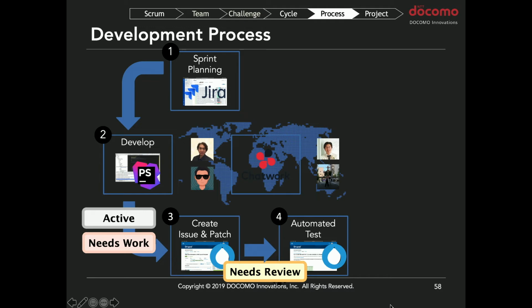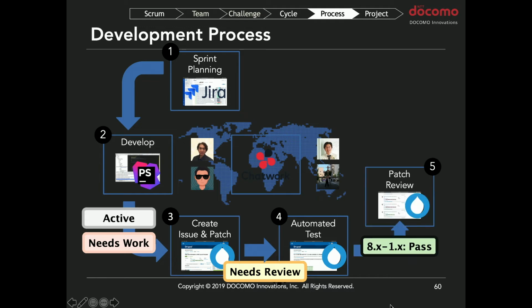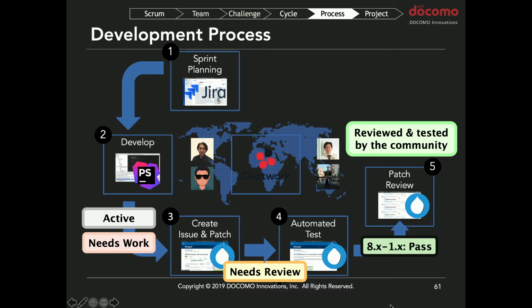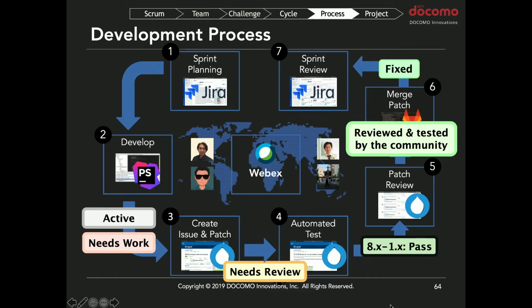Then if the automated test in Drupal.org passes successfully, we review the patch. And if everybody in the team agrees, we change the state to RTBC. Then we merge the patch, change the status to fixed, and go back to Jira. In Jira, we change the state from in progress to done. So still, it's something like inefficient, but this is our development cycle.